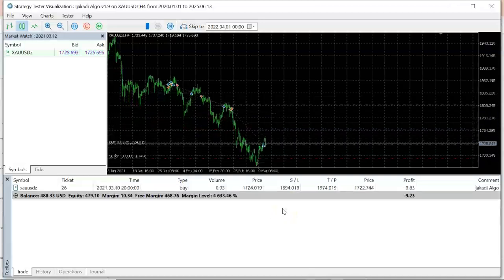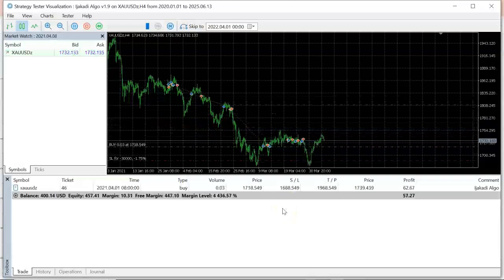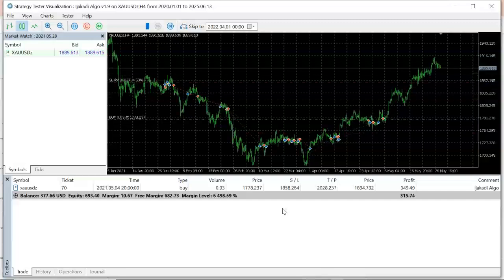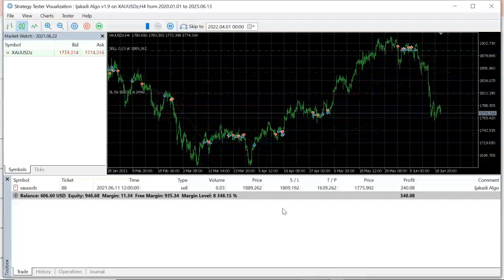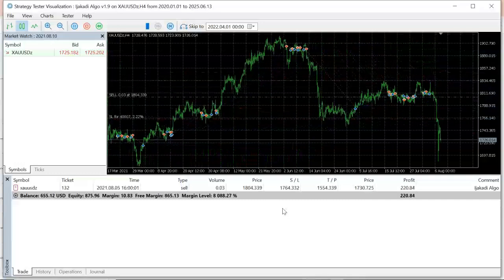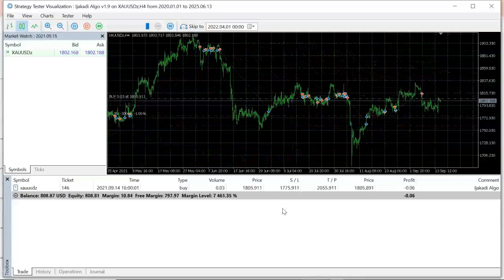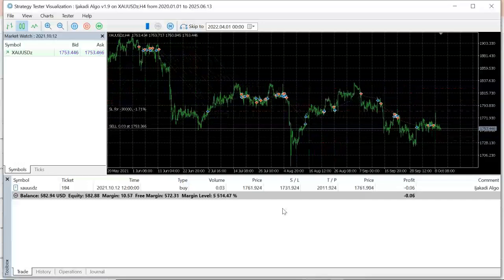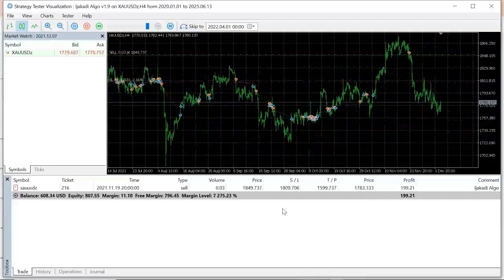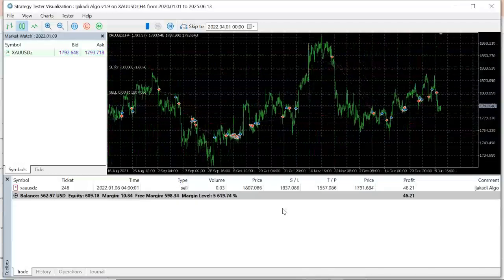I know it's quite high for that account size, so normally you're supposed to be using 0.01 on a 1K account. Well, this is an algorithm, it doesn't have much emotion like that. So let's see how far it can go with 0.03 on 500. Like I said again, it all depends on your risk appetite.